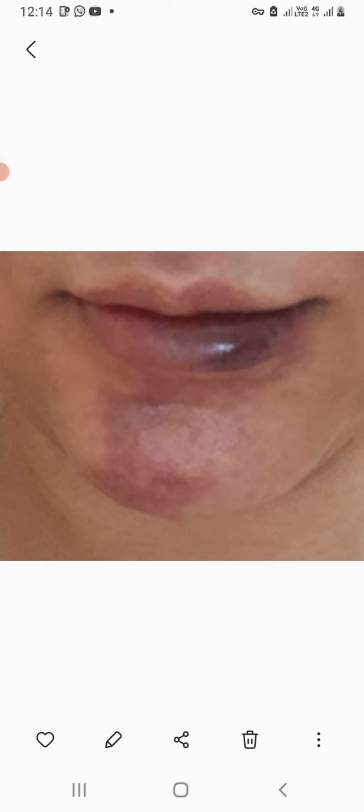We should not massage any hematoma. If needed, we should wait and see.